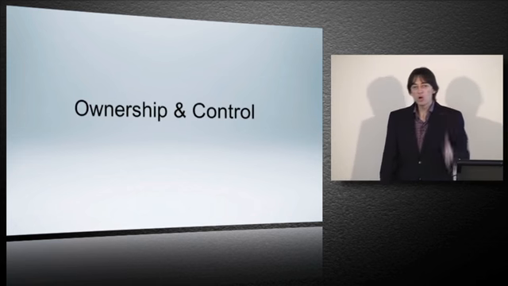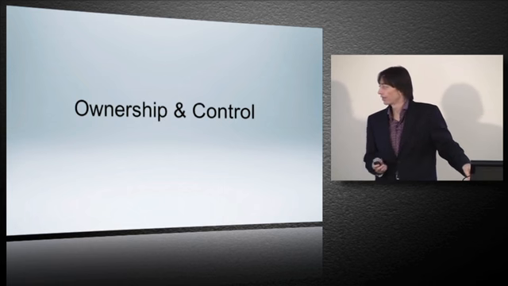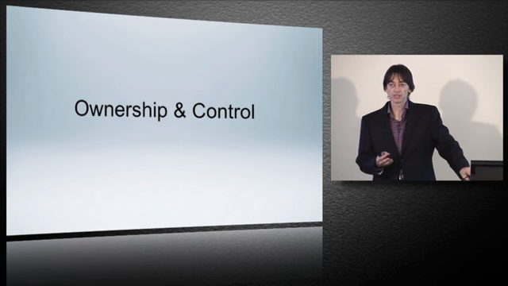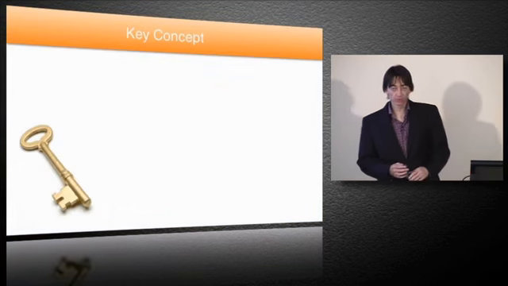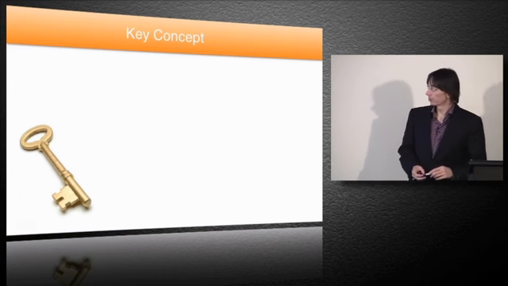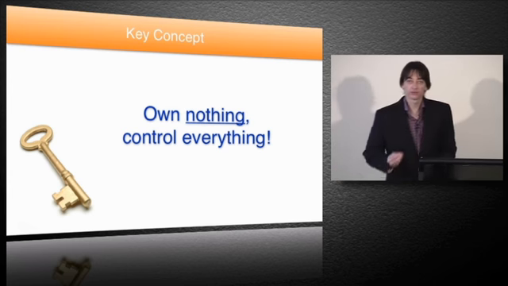But the whole purpose of having a trust is that it separates ownership and control. This is the key thing about a trust. They separate ownership and control. And the key thing that you actually want to do with a trust, in terms of its power and utilising it, is you want to own nothing and control everything.